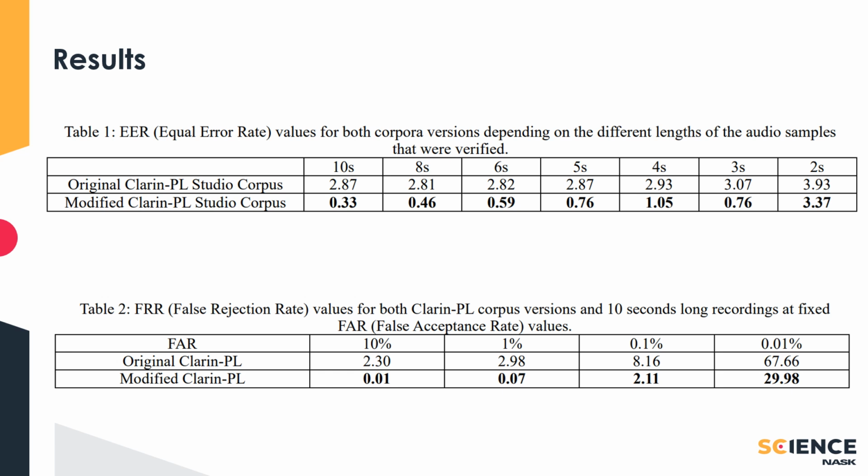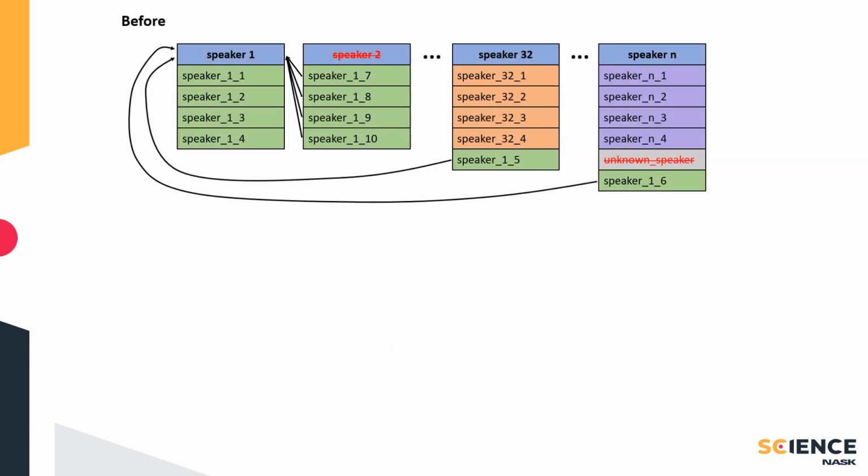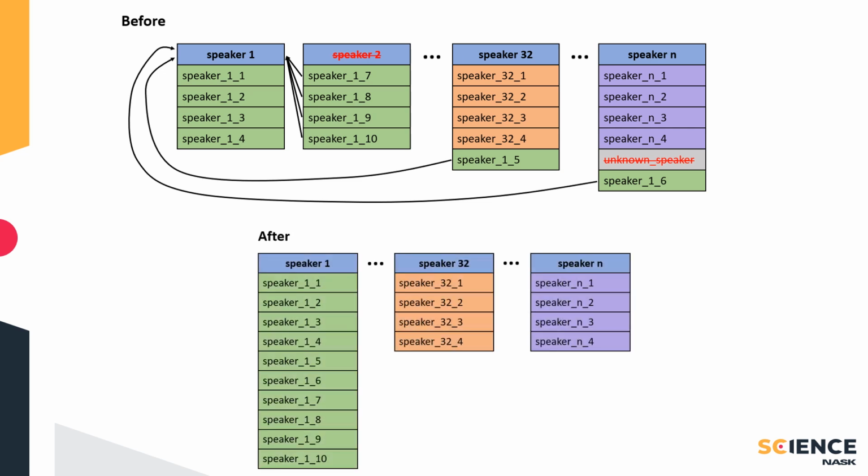They become relevant only when the speech corpus is used for other applications, such as speech synthesis. To summarize, the upper diagram depicts the example speech corpus content with different types of inaccuracies, which can be verified and corrected using the presented method. These changes include the removal of redundant directories and the relocation of recordings to their correct folders.